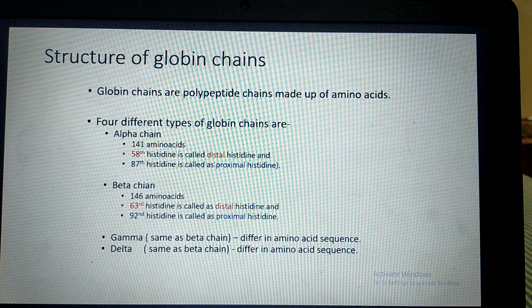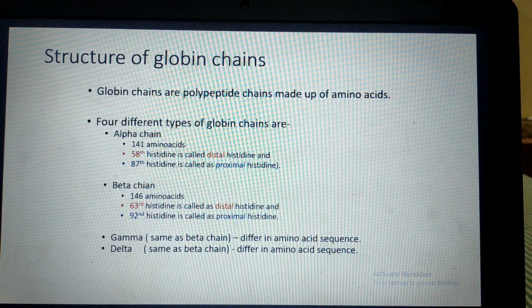When we unfold the globin chain and number the amino acid sequence 1, 2, 3, 4, at that time distal histidine gets the 58th position and proximal histidine gets the 87th position in a straight chain structure.